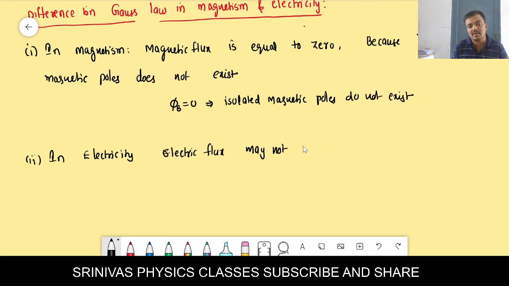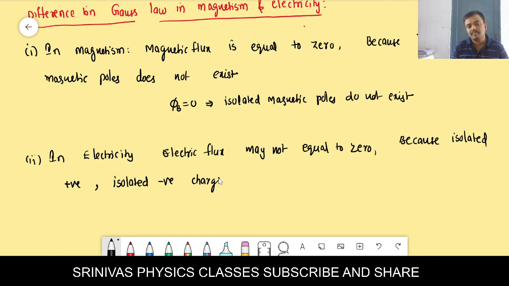Electric flux may not be equal to 0 because isolated positive and isolated negative charges exist. Only positive charges exist, only negative charges exist. That's why electric flux need not be zero.